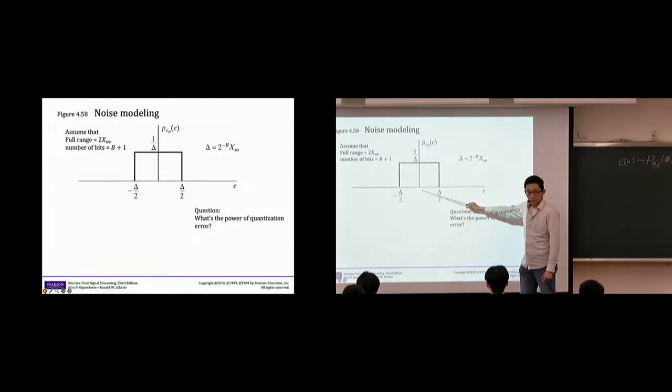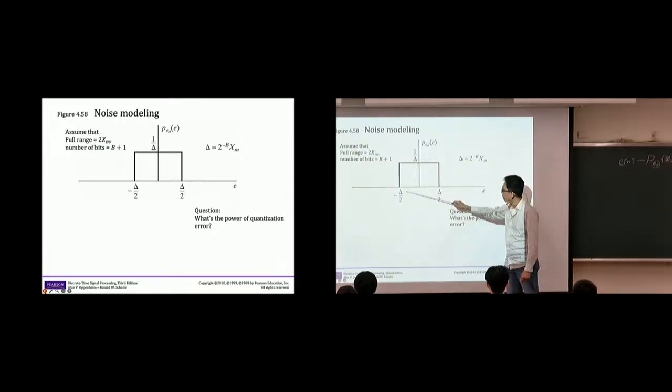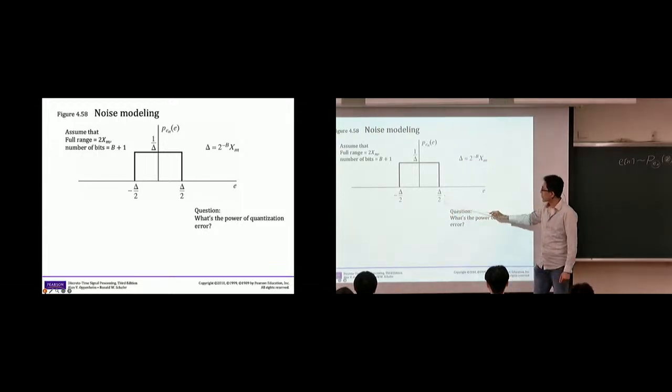The distribution spans from minus one half to plus one half of delta, where delta is the full level multiplied by 2 to the minus b.